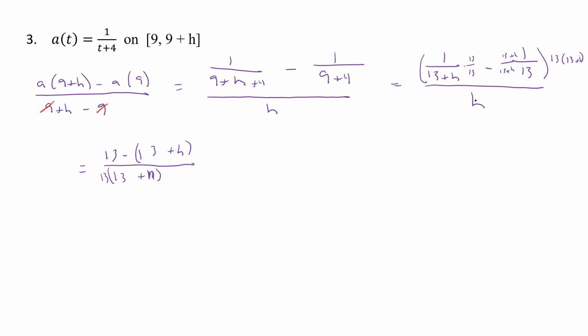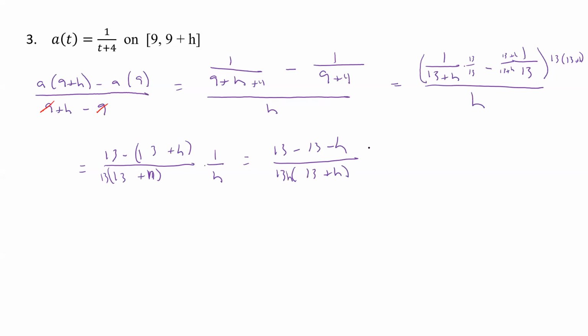And then we have this over h again, so that's kind of like times 1 over h. And so here, to simplify, that's 13 minus 13 minus h over 13h times 13 plus h.